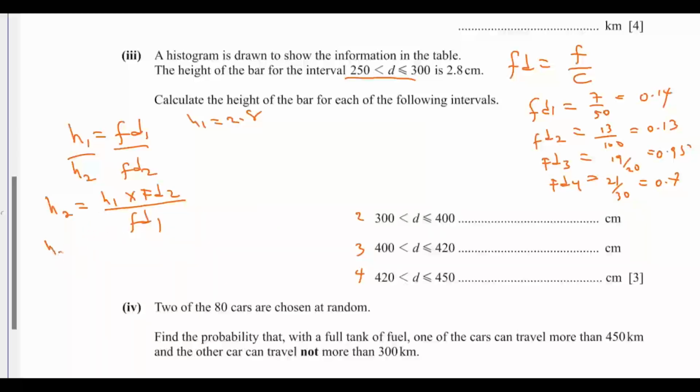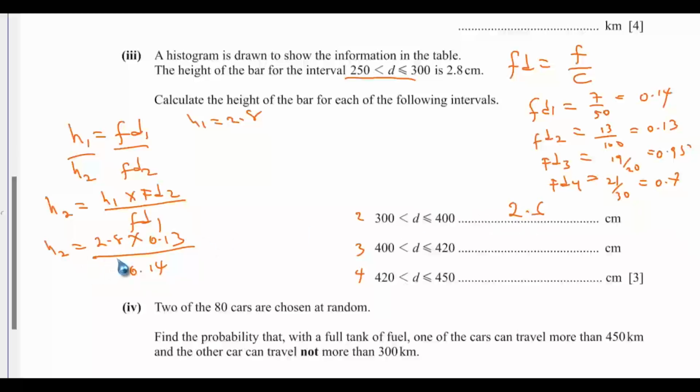So h2 will be equal to 2.8 multiplied by fd2, that will be 0.13, divided by fd1, that's equal to 0.14. That means you're going to divide by 0.14 all through. So if you do this, h2 should be equal to 2.6. Get 2.6.